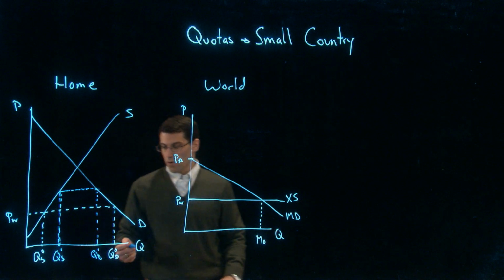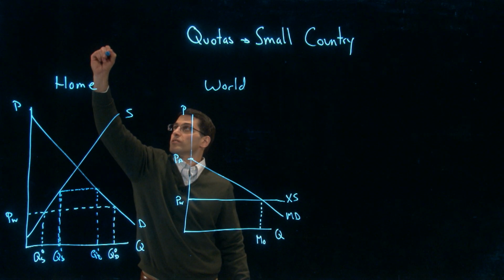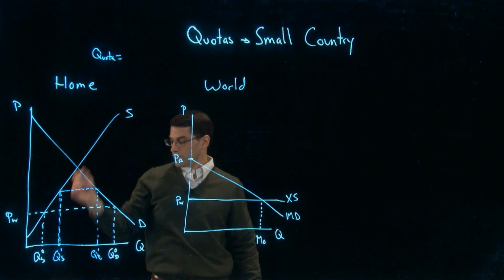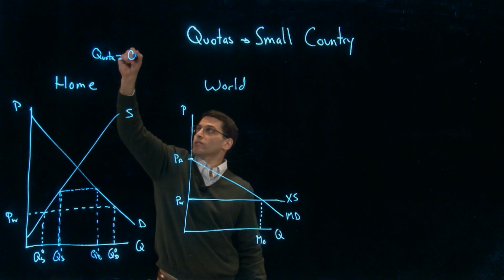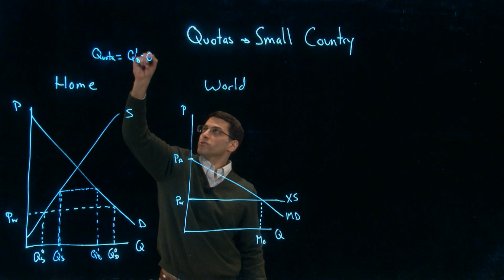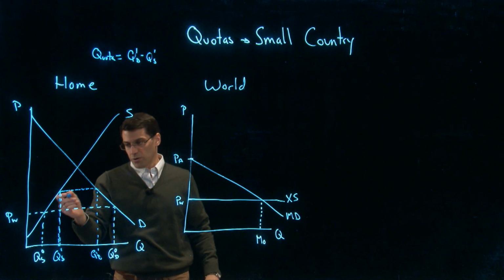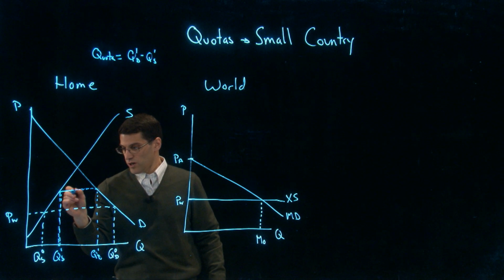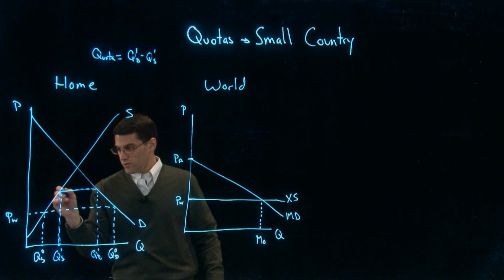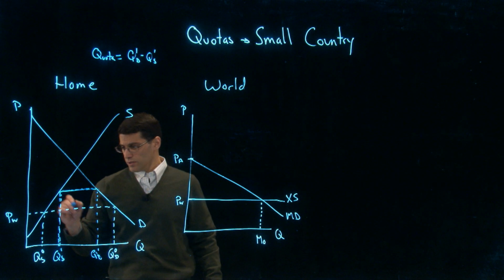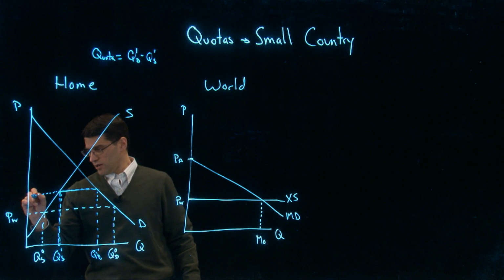So our quota in this case is simply given by QD1 minus QS1. So that's our quota. That's our quantity. We'll just go ahead and draw it in here. Show the quantity supplied and demanded at that level.